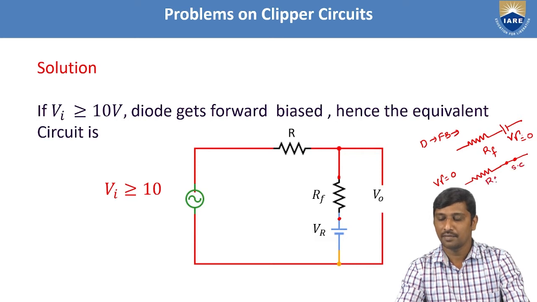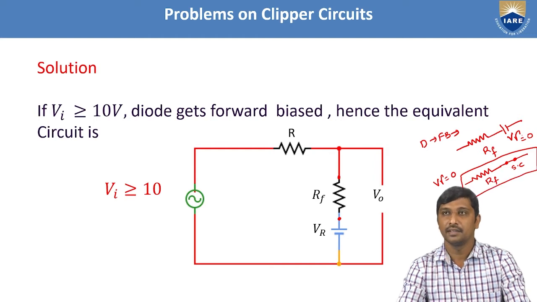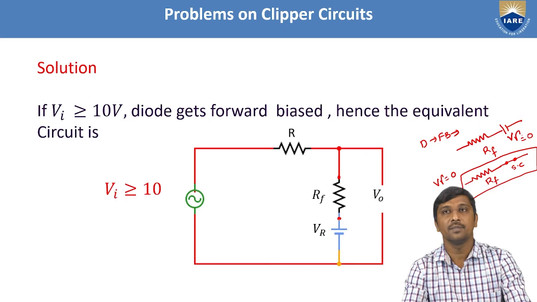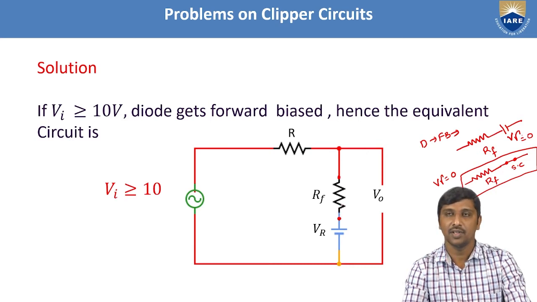And this is RF. This equivalent model I placed here. So based on the given problem statement, when the diode is forward biased or in a conducting state, that diode is replaced with an equivalent circuit along with the diode forward resistance.